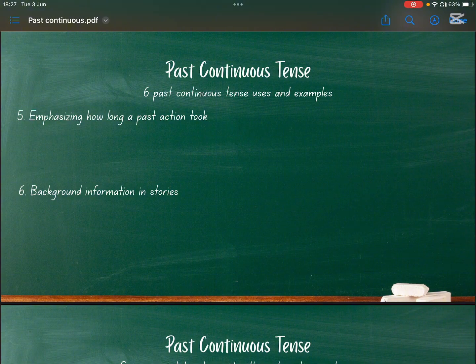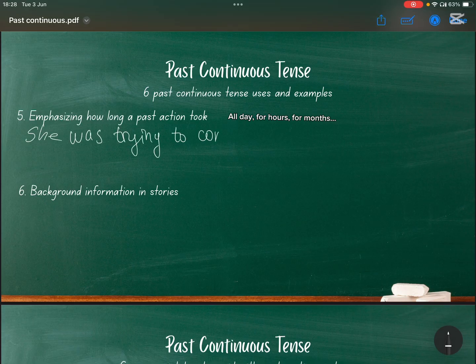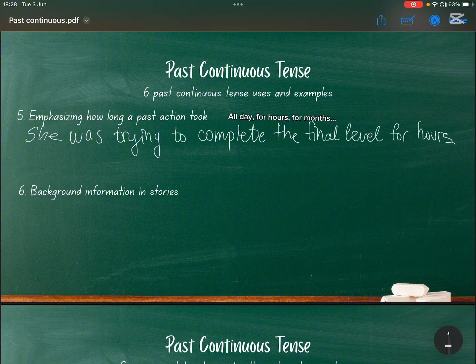For example, all morning, all evening, all day, all week or month, also for hours, for weeks, and so on. For example, she was trying to complete the final level for hours. Or, the players were training all year for this match.